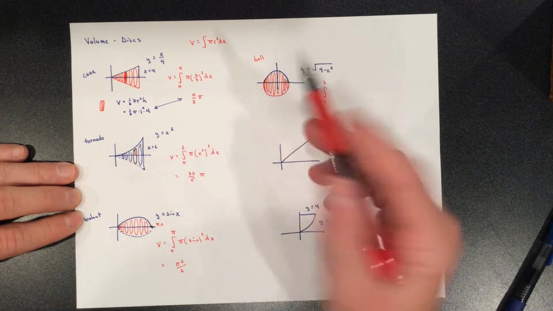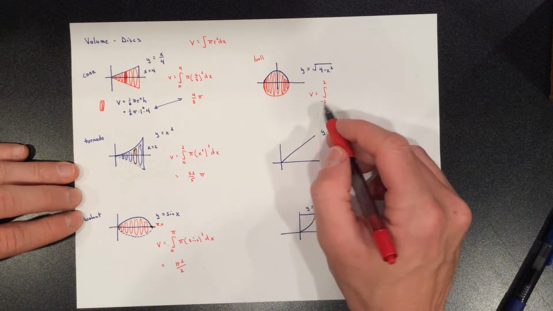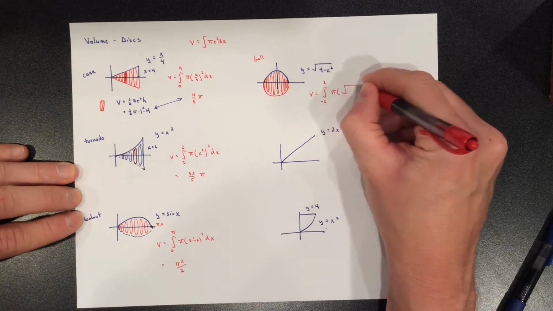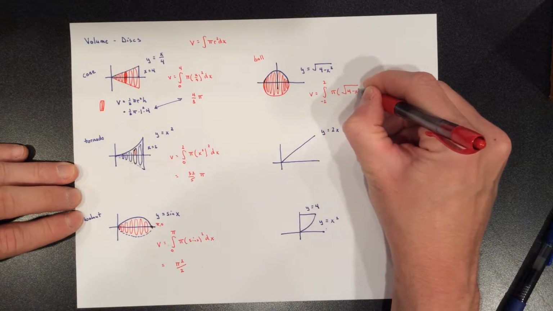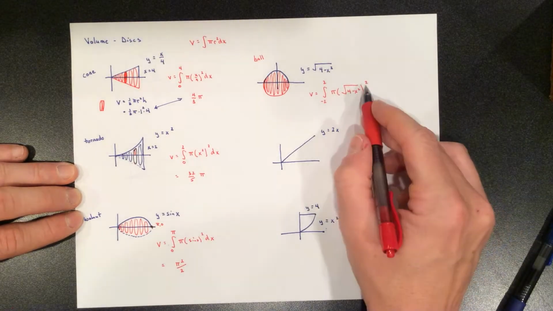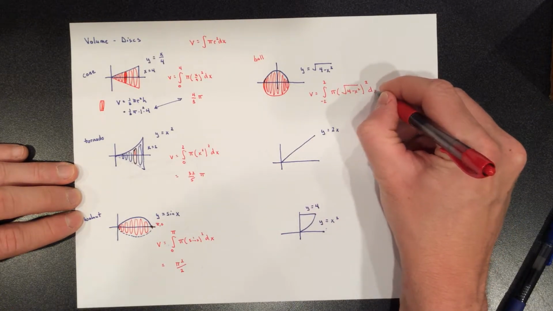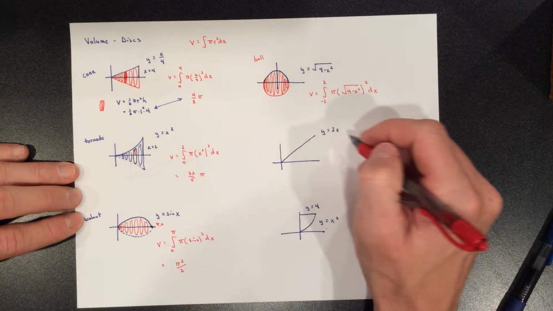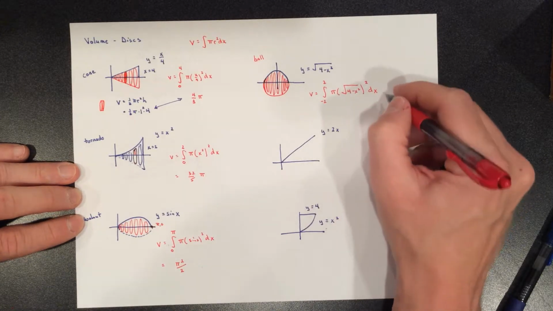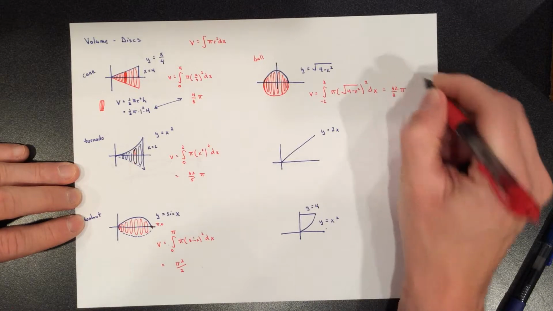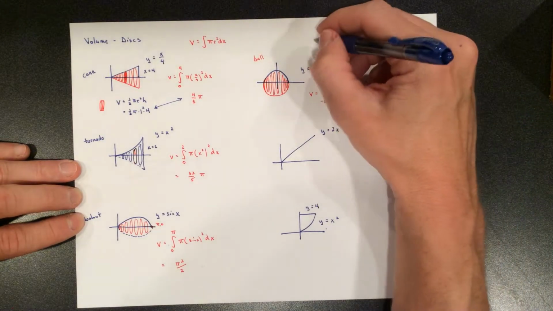The radius of the circle is 2, which is the radius of the sphere. Okay, and we're going to get pi r, which is just the function 4 minus x squared, which is nice because the square and the square root kind of go away, and then dx. And when you do this, you get 32 thirds pi.